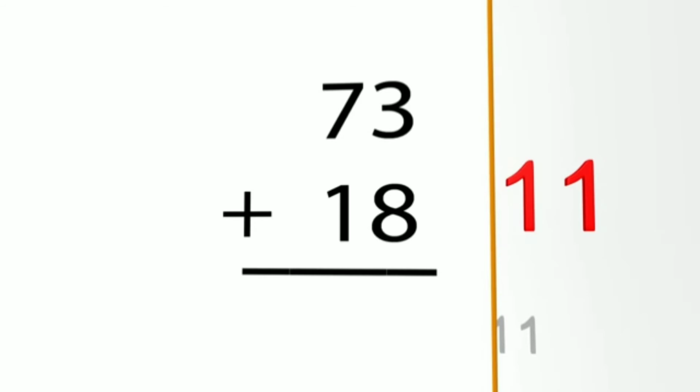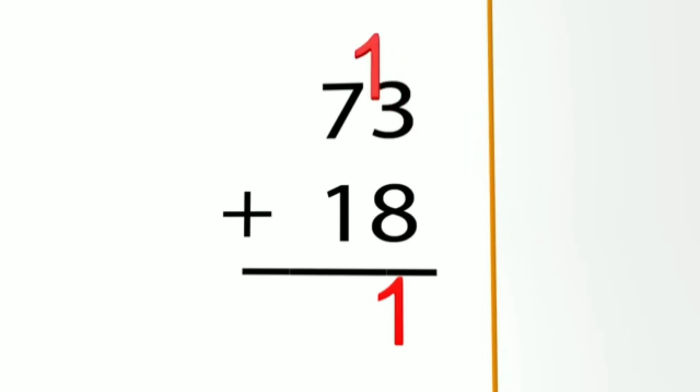In 11, when you see, again you have ones place and tens place. So put the ones place down and the tens place above 7. Now in the tens place we have got 1, 7 and 1. Now add all the 3 in the tens place. We get the answer 9. So the total sum is 91.